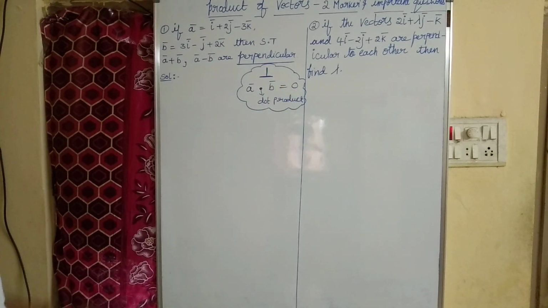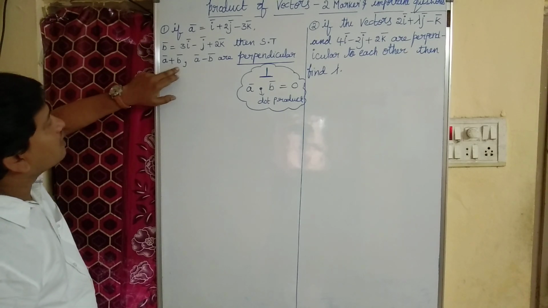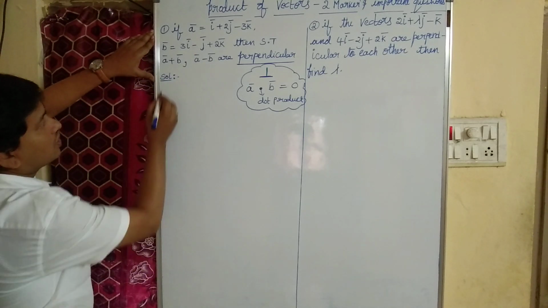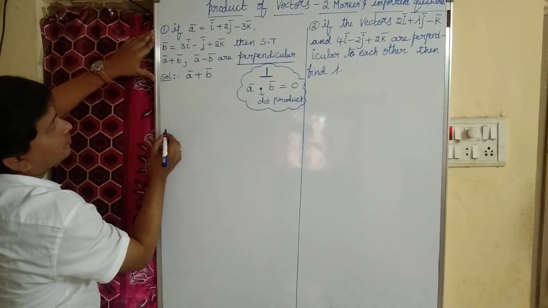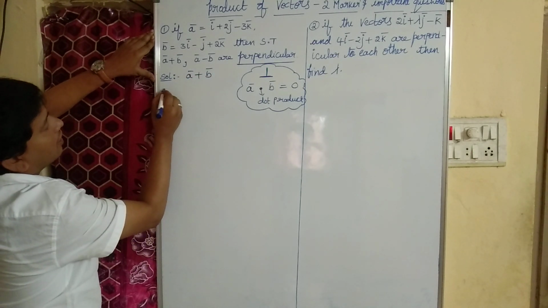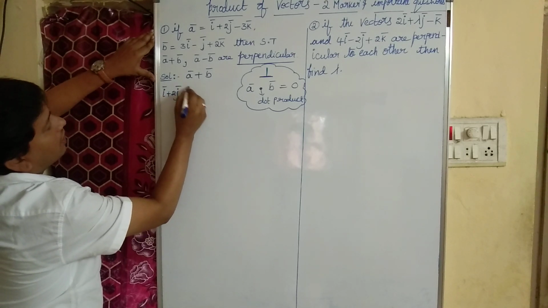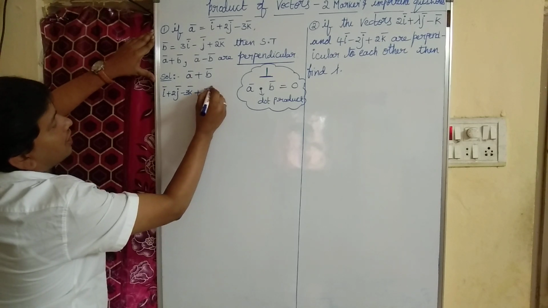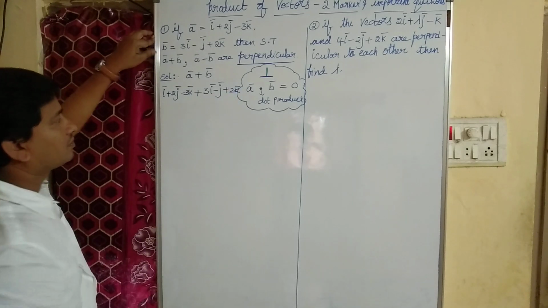Right? So here in this question they are asking to show that A bar plus B bar and A bar minus B bar are perpendicular. So let us first find A bar plus B bar. A bar is I bar plus 2J bar minus 3K bar, plus B bar is 3I bar minus J bar plus 2K bar.